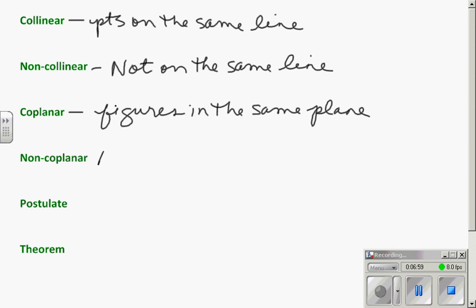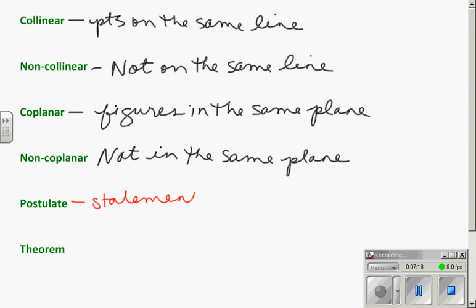Those figures could be angles, lines, segments, etc. Non-coplanar is not in the same plane. These 4 terms just give us a clearer idea of how to draw our pictures.